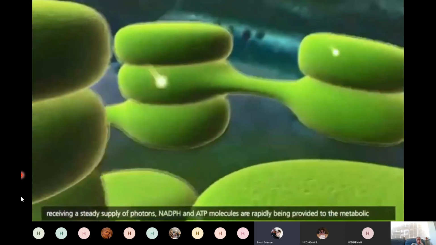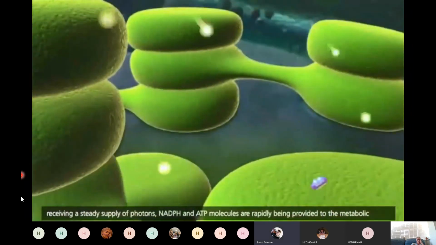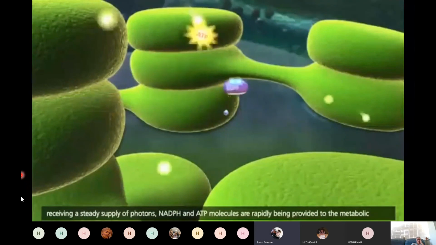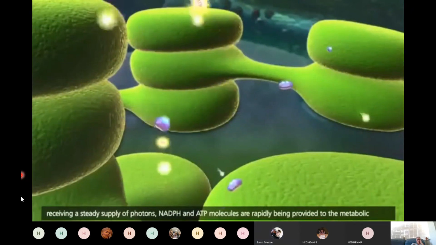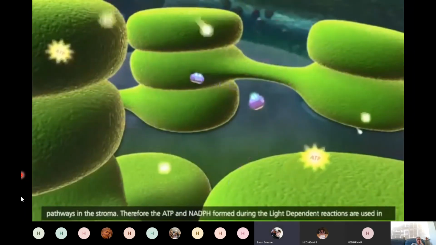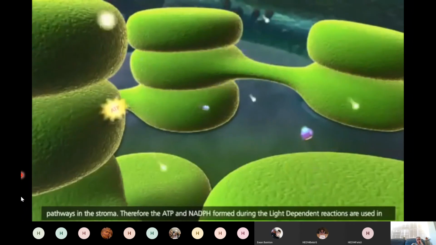When the chloroplast is receiving a steady supply of photons, NADPH and ATP molecules are rapidly being provided to the metabolic pathways in the stroma.